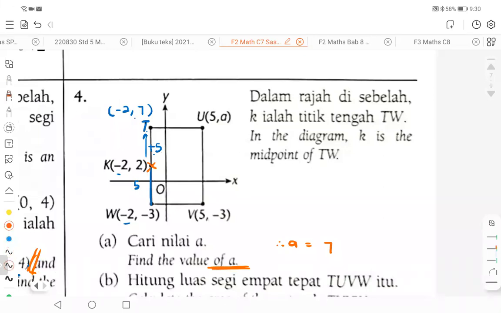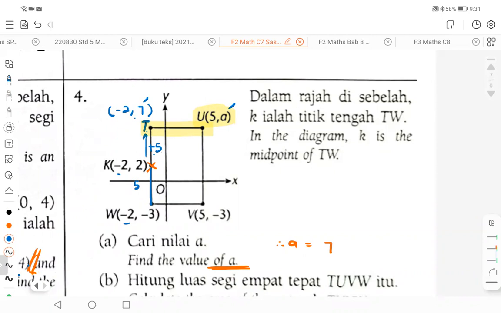Then point U is at the same level as point T. That's why A equal to 7, because they are at the same level, a horizontal line.